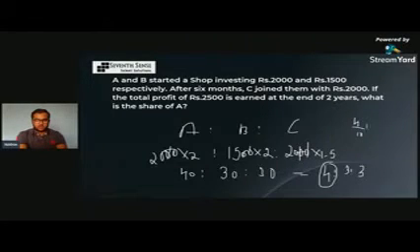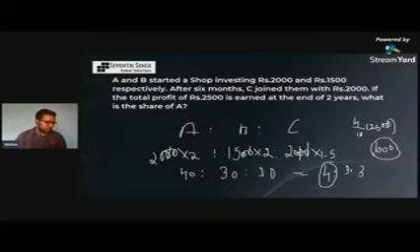The share of A is 4 parts. So 4 over 10 into 2,500. So that will be 1,000 rupees, right? 10,000 by 10 is 1,000, or just cancel the 0. We'll get it as 250 into 4 times. The answer will be 1,000 rupees.